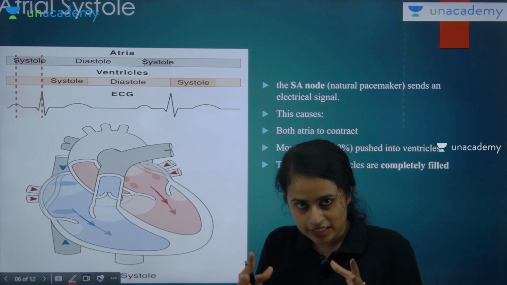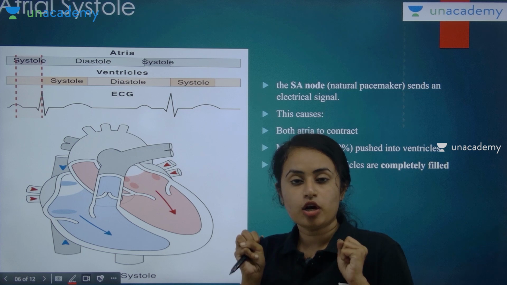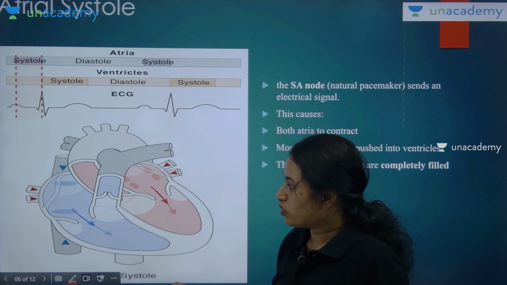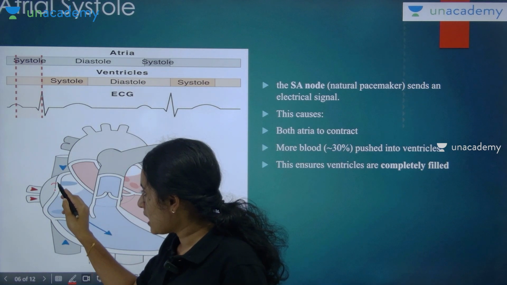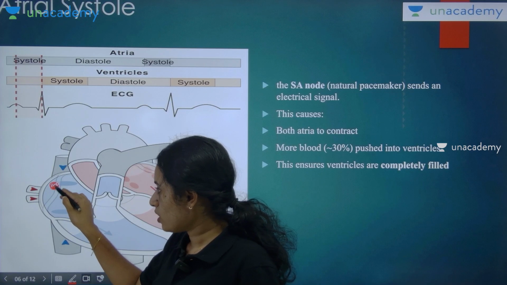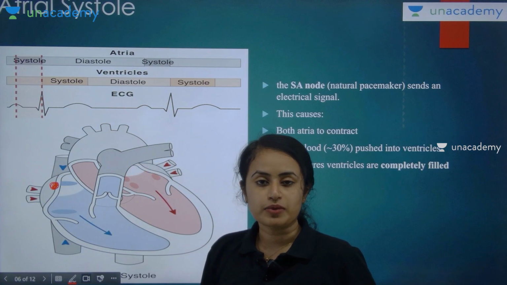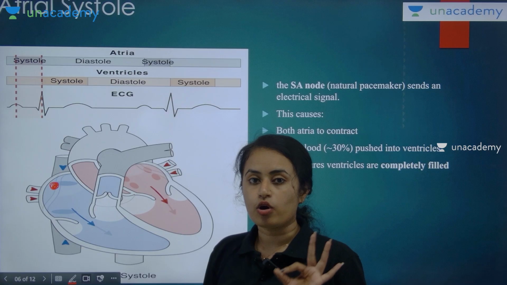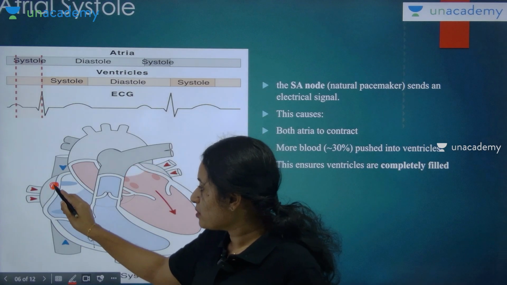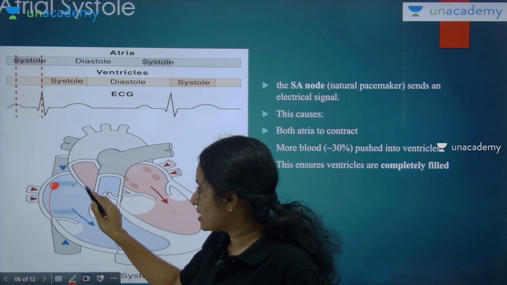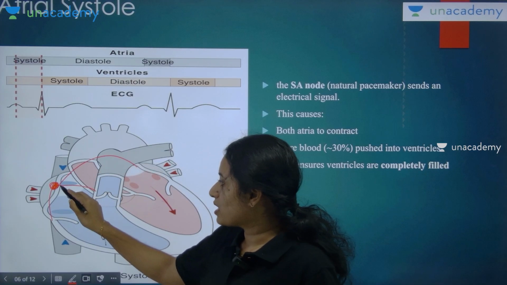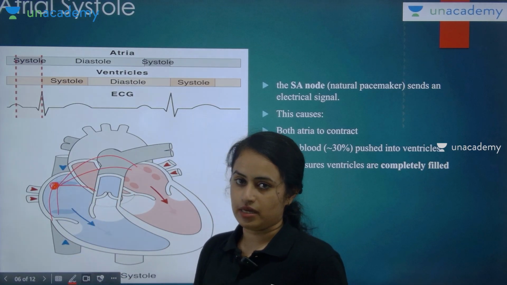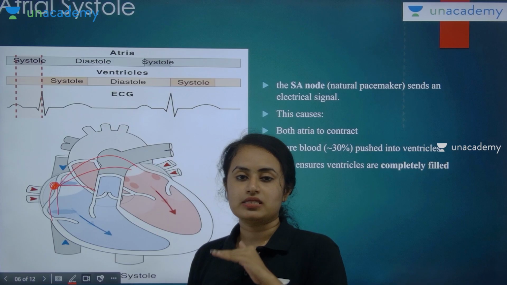The name itself indicates atrial systole. Systole means contraction. We now know that there is a node called the sinoatrial node. The sinoatrial node is present in the upper right corner of the right atrium, and from it an impulse is generated, and that impulse passes into both atria, the left atrium as well as the right atrium.